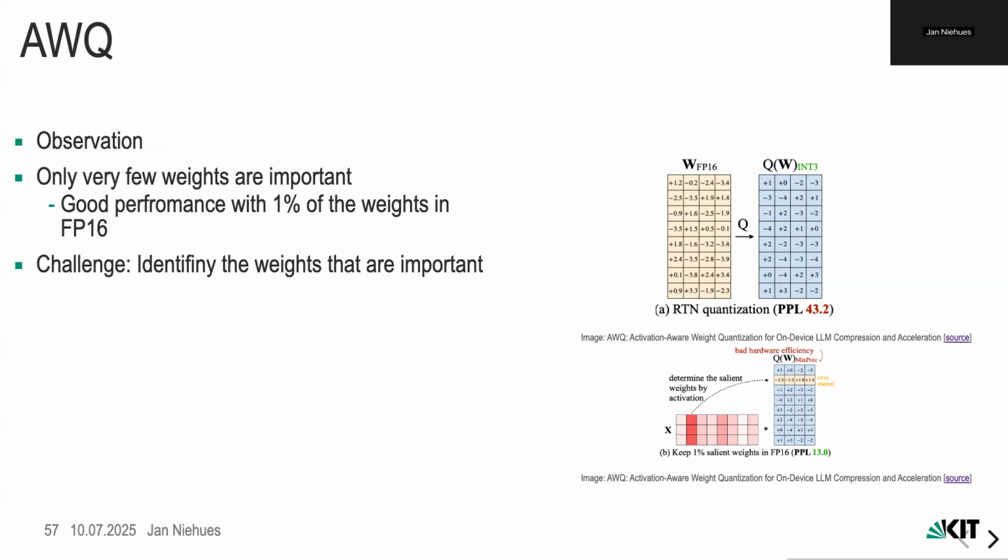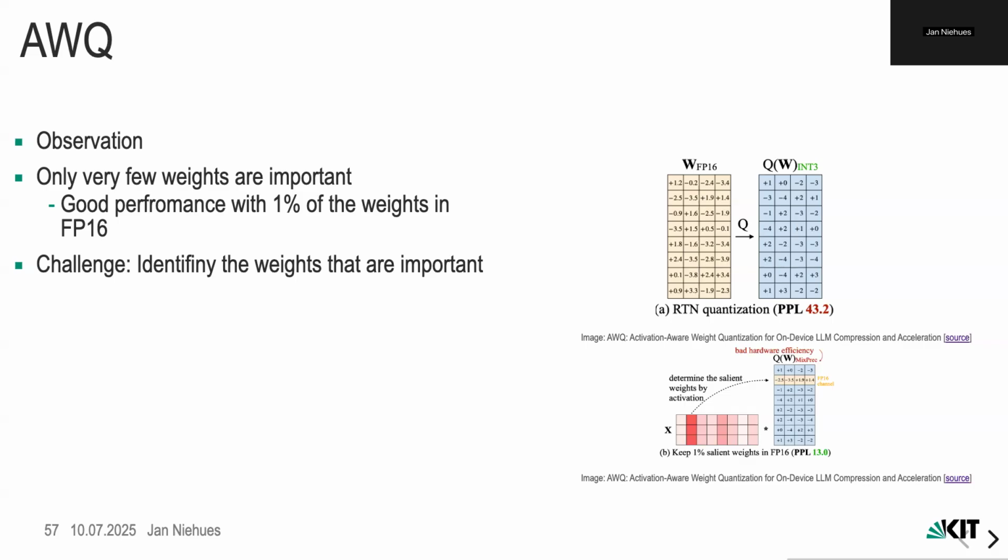Now, the first idea is, if only very few parameters are important, we can do what was mentioned already before, that we are not quantizing these weights. So we quantize all the unimportant ones, and the important ones we keep. And they did this experiment.